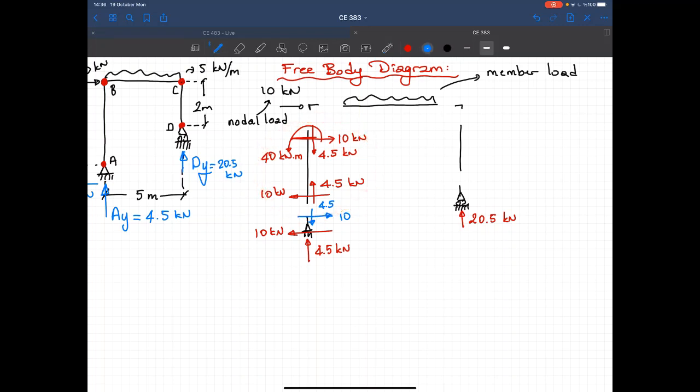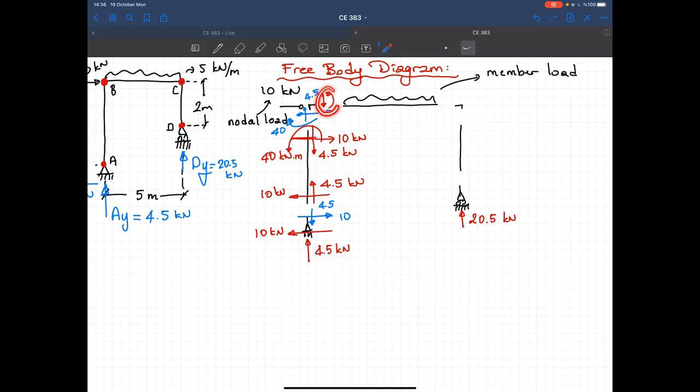Now from the member, let's jump to the node. I have a section cut here, so I got 10 kilonewtons, 4.5 here, and the moment as 40. In order for this node to be in equilibrium, I shall have the same forces in the opposite direction. These two forces, 10 kilonewton and 10 kilonewton, cancel each other.